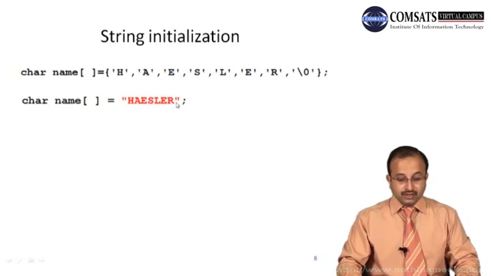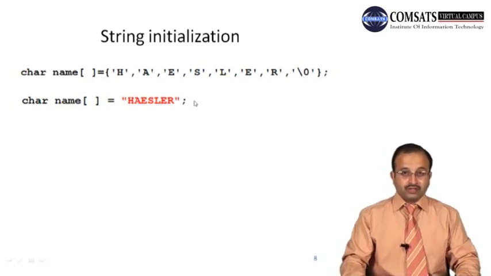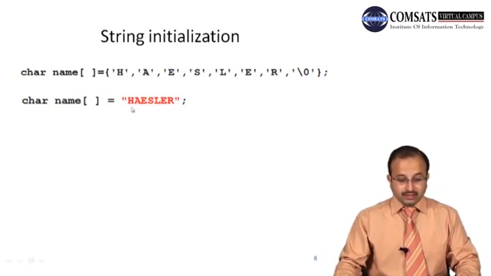It doesn't mean that the string doesn't terminate at a null character, but in fact, when you initialize a string with a string constant, which is in red here, the null is added automatically. These H, A, E are character constants, right? String constants are always written in double quotes.